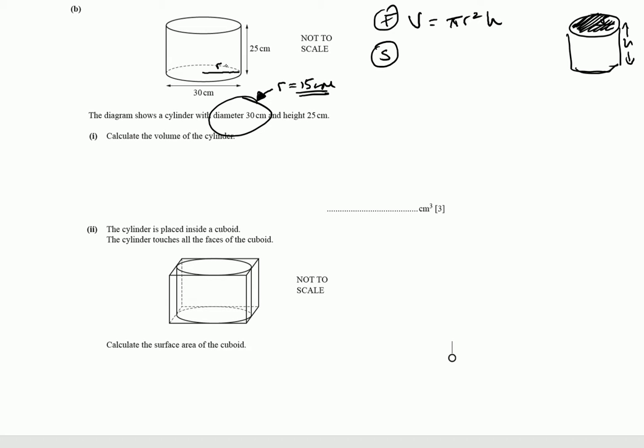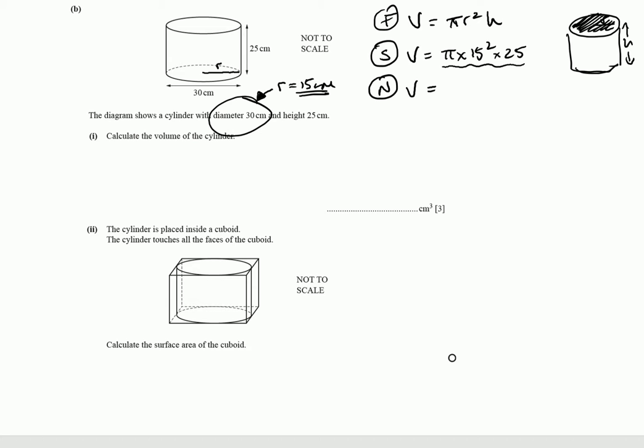So I'm going to substitute into my formula now. Volume equals pi times the radius, which is 15 squared, times the height, which is 25. Now in terms of what happens next, all of this can be put into the calculator. And because it involves pi, I'm going to have to use my calculator.